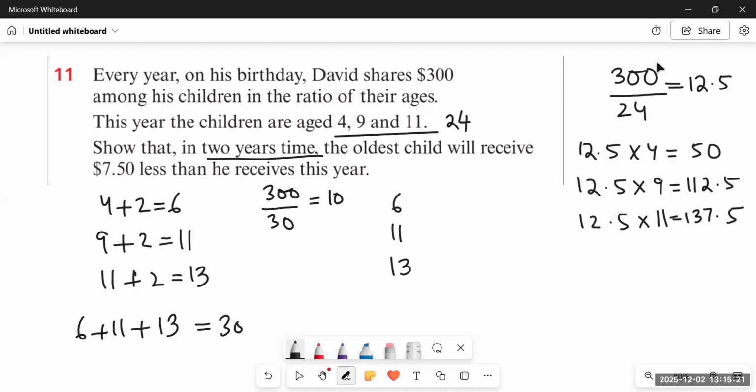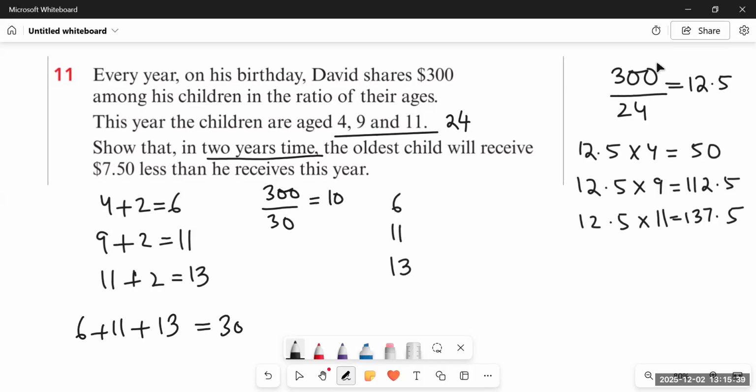So after 2 years, this amount, $300, will be shared among them according to their ages as 6 is to 11 is to 13.